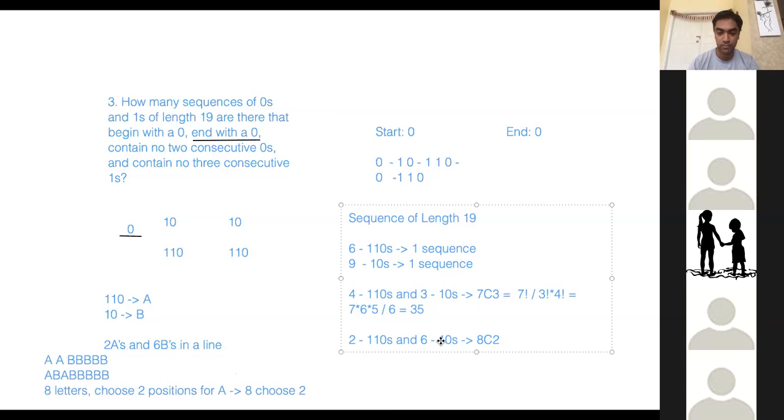Good. We can do the same thing, 8 factorial divided by 6 factorial times 2 factorial, which gives us 8 times 7 divided by 2, which is 28. So what should the answer be here? 65. Good. So it's 28 plus 35 plus 1 plus 1, which gives us 65.